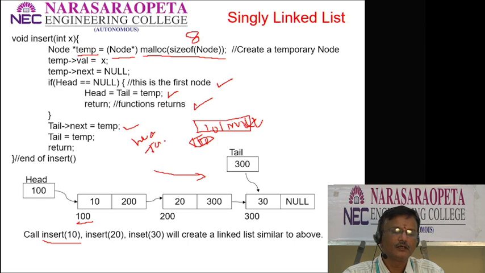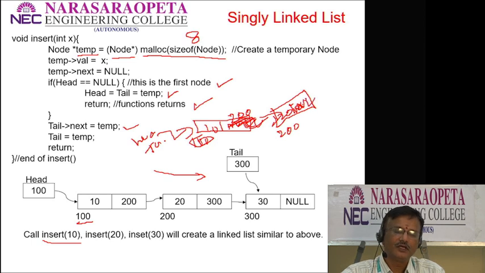Both are pointing to the same node. And whenever there is a new node, I am creating the new node, 20. And what I am doing is tail of next equals to 200. So what will happen? I am simply overriding this null with the 200. Now it is pointing to this, and I am making this a null.